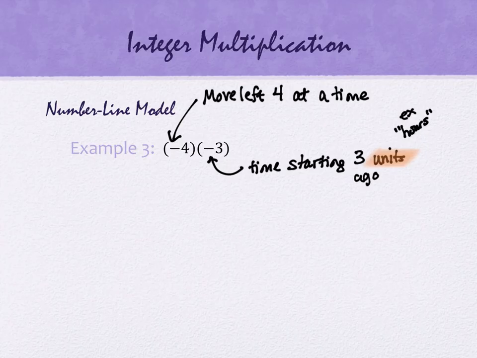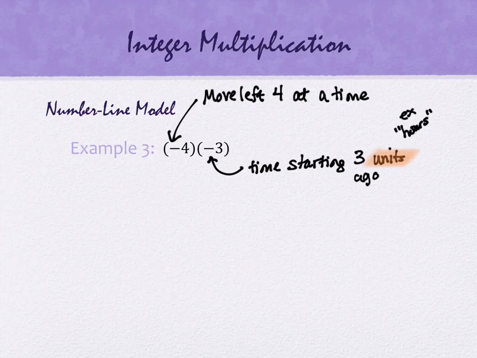You'll see a really good example of this picture in an example in your problems in your book. I think it's a group work problem, and it talks about the decline in a university's enrollment, and it asks you what happened X amount of years ago, right? In the past, what was it? So you're talking about what happened in the previous however many units of time. So this is some unit of time ago.